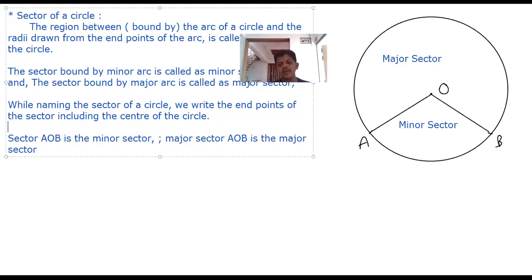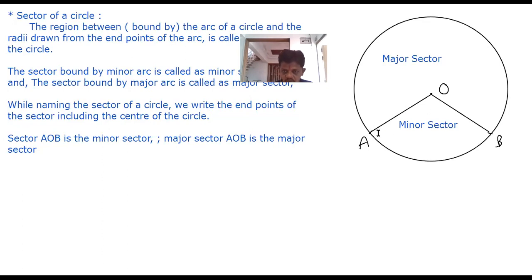So sector AOB will be called a minor sector, while the major sector will be called major sector AOB. When I speak about the major sector, I will have to specifically write major sector AOB. Are you understanding? Yes, sir. So when I say sector AOB, by default it will be considered a minor sector. But when I want to speak about this, I will specifically say major sector AOB.